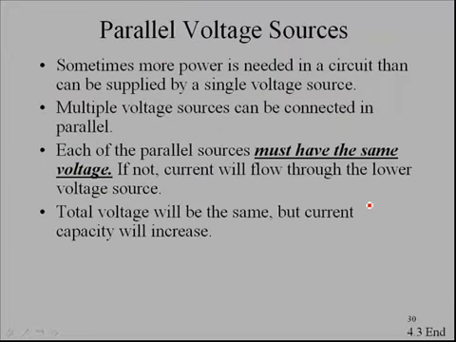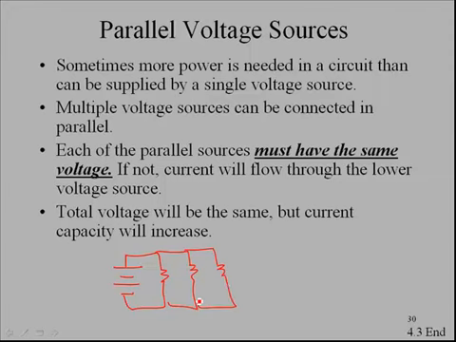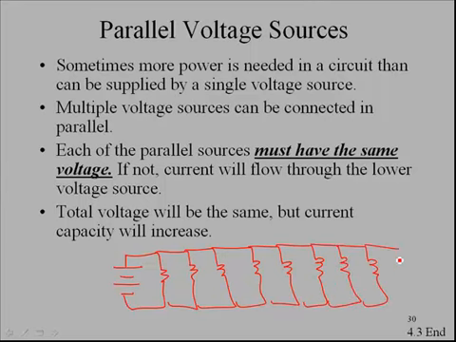Now, parallel voltage sources. Sometimes more power is needed in a circuit than can be supplied by a single voltage source. What we're looking at here is, let's pretend we have a voltage source and some parallel components connected to it, and let's say we've got a bunch of them. The current draw across all these components is going to be quite significant, and this power supply on its own may have difficulty providing that much current.